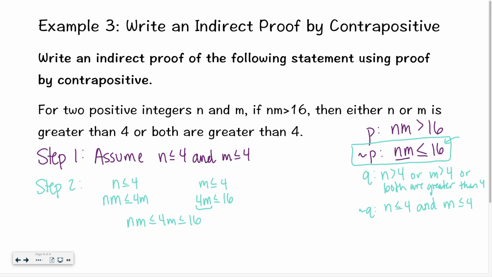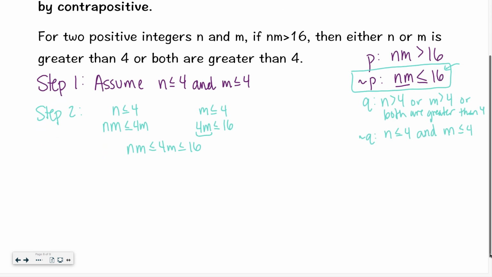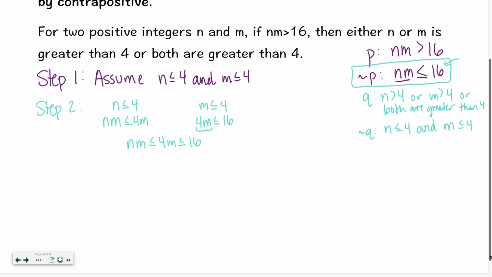But the not P statement doesn't have that 4m anywhere. So what I can do is get rid of it. If I erase that 4m, I have two inequalities now facing the same exact way, so I'm just going to erase one of them. I can move that nm over.